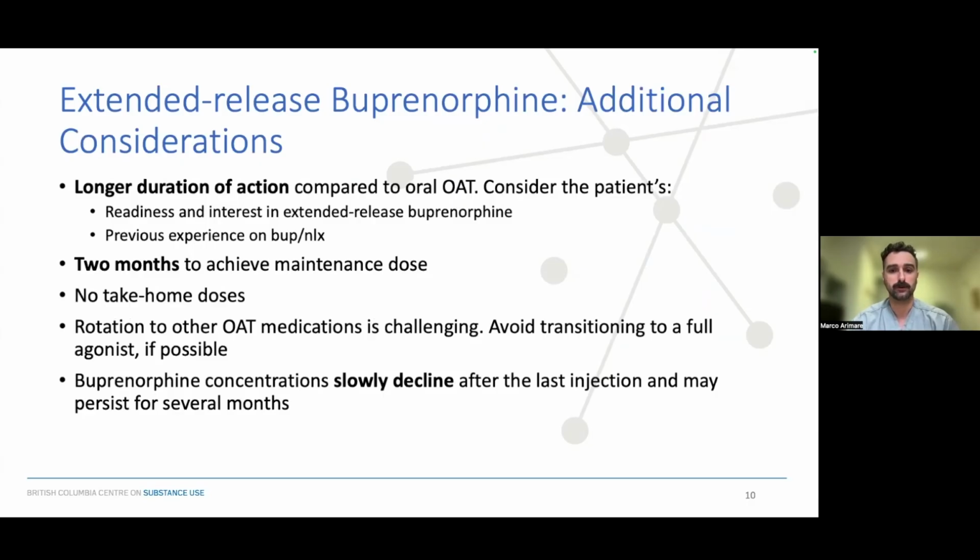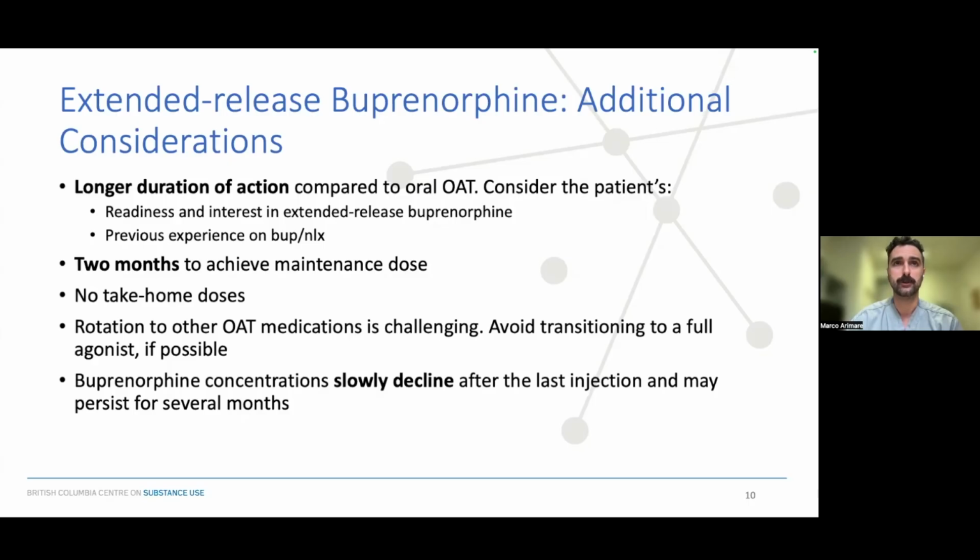So given the longer duration of action compared to other oral options, we need to consider the client's readiness and interest in extended release buprenorphine and any previous experience on buprenorphine/naloxone that they may have had sublingually before. So it takes 2 months to achieve a maintenance dose in most cases. There's no take-home doses as it is administered monthly by a healthcare provider.